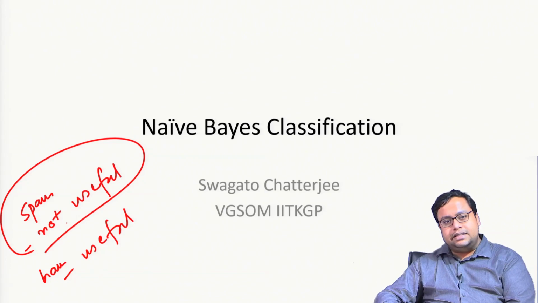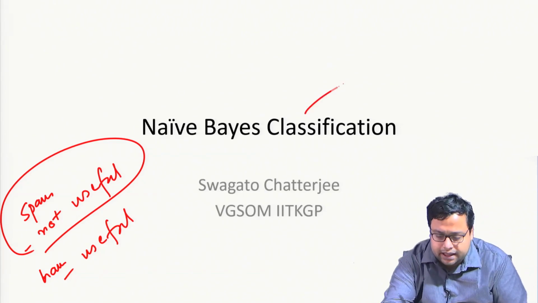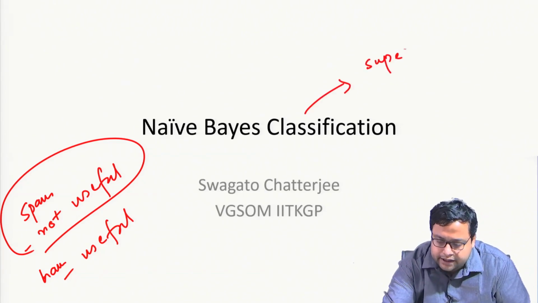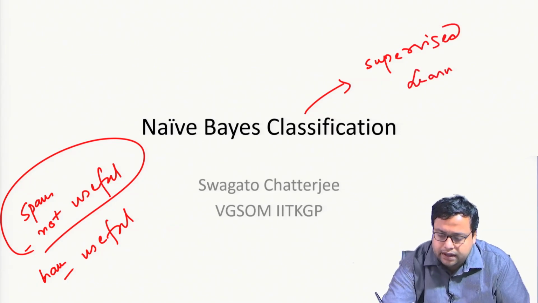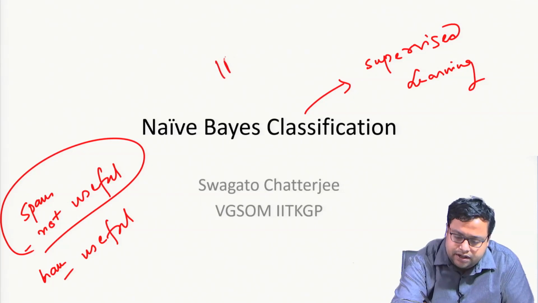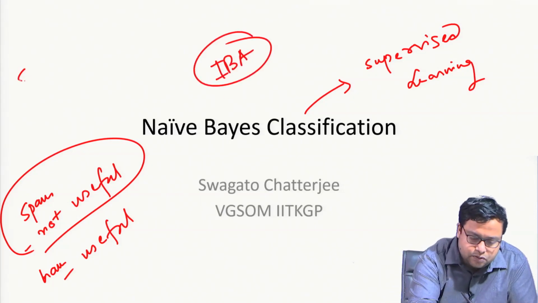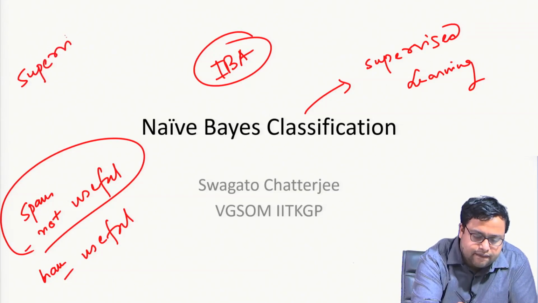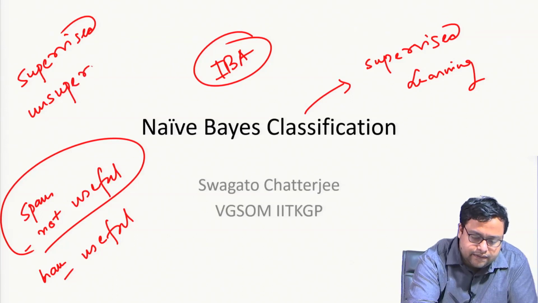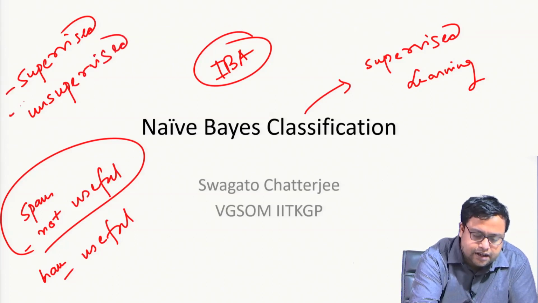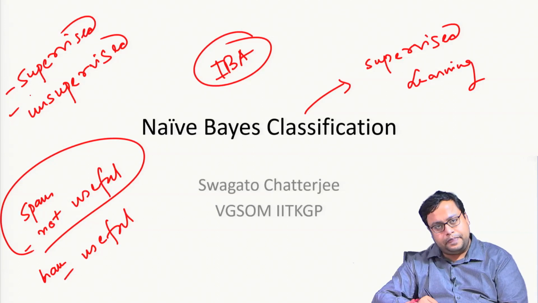Any classification is basically supervised learning. I hope that people in this class have done introduction to business analytics, and that what is supervised and unsupervised learning has been discussed. If not, search Google.